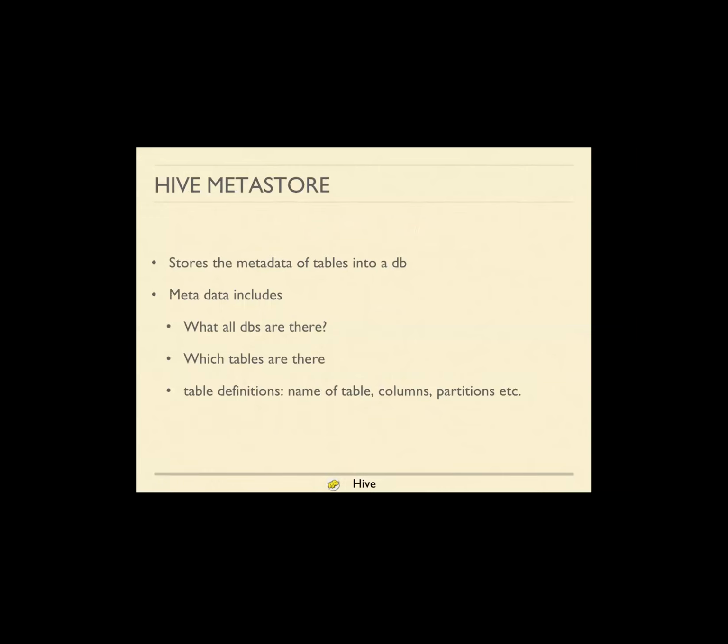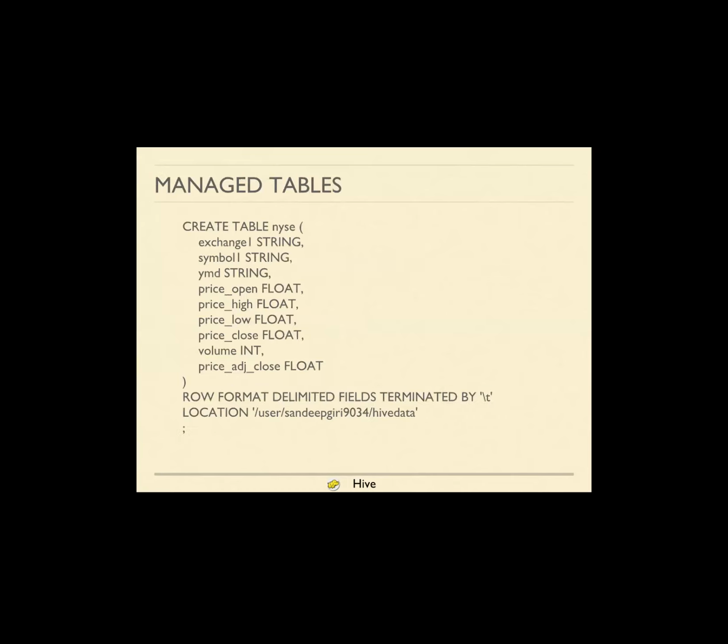It stores the metadata of tables in a relational database, RDBMS. Metadata means which databases are there in Hive, and which tables are there in each database. All of this information, along with the names of the tables, is kept in the Metastore.